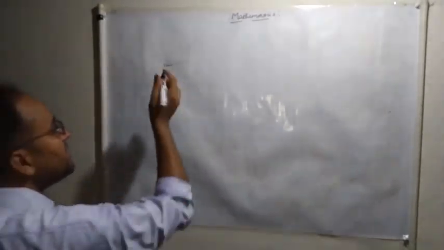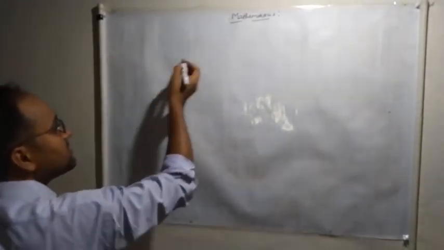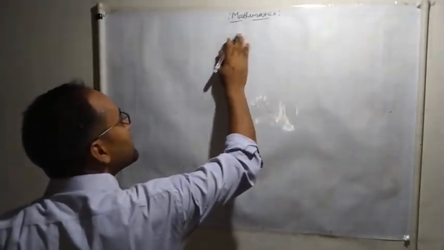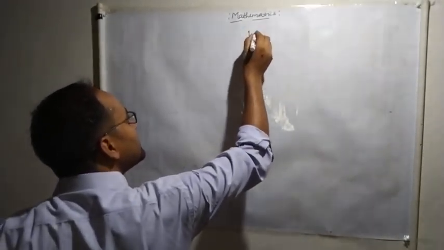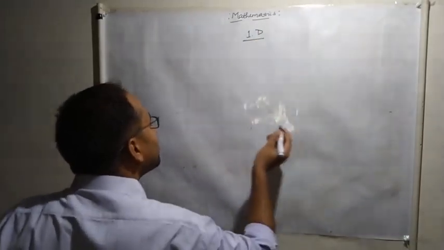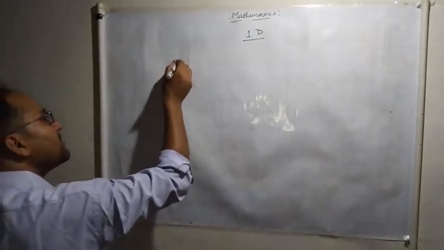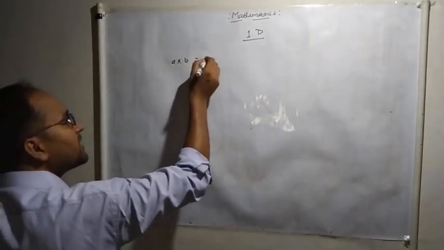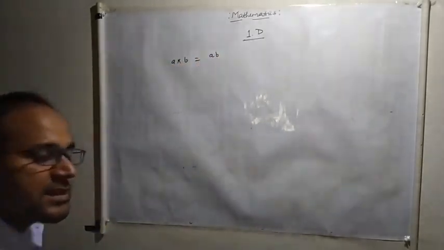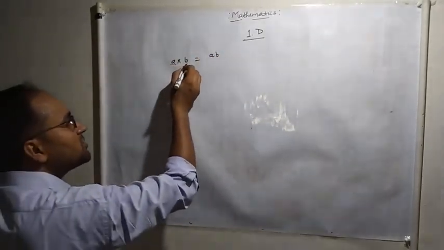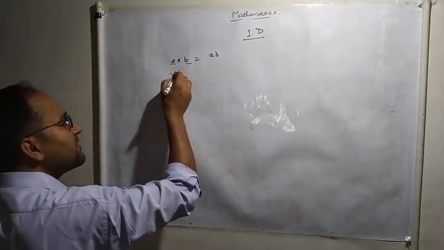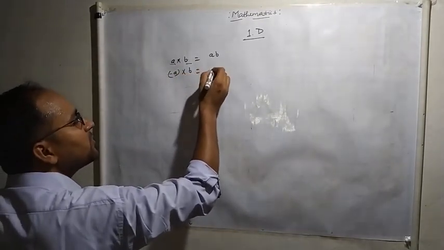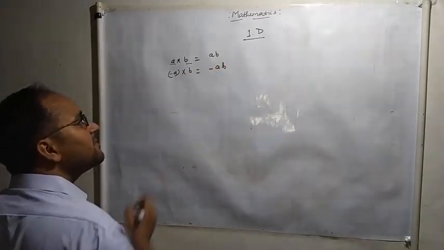I think it is very easy. Suppose A is multiplied by B, then you will get A into B, meaning AB. Both are positive, students. Here, minus A is multiplied by B, you will get minus AB.